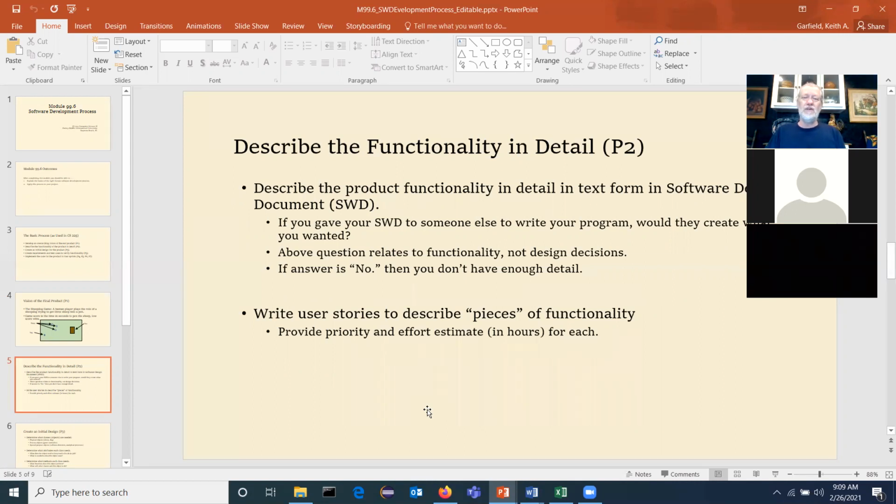That's a good test because a lot of people have a really good idea in their head of what they want, and then as they write it down, they don't include a lot of the information that's in their head, because of course you know what's in your head, but other people don't. So you're describing what the product does. You're not describing how it does it in the P2.